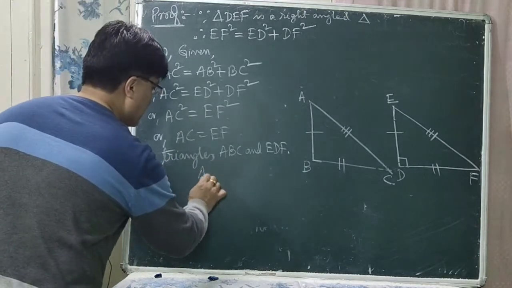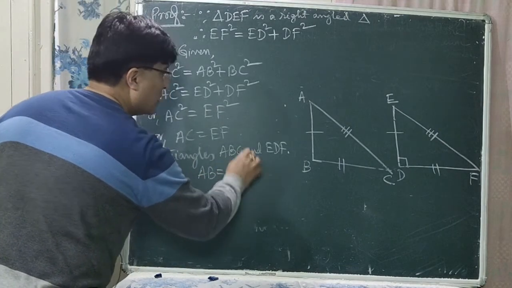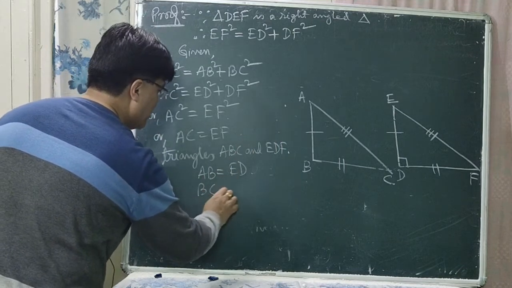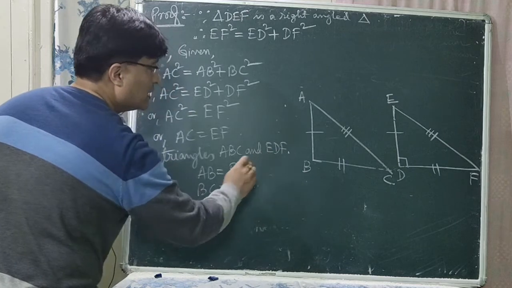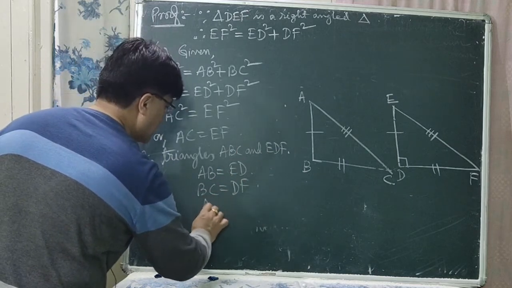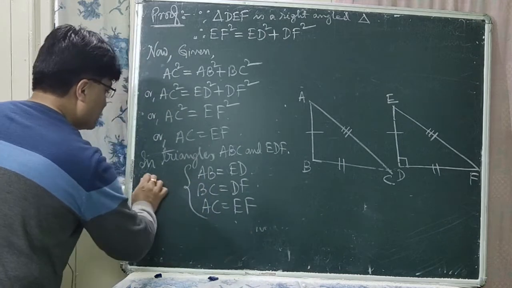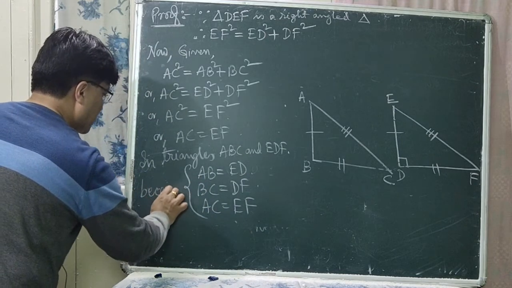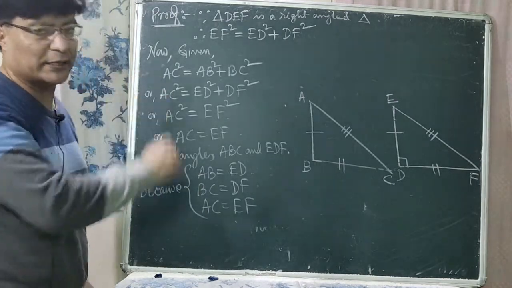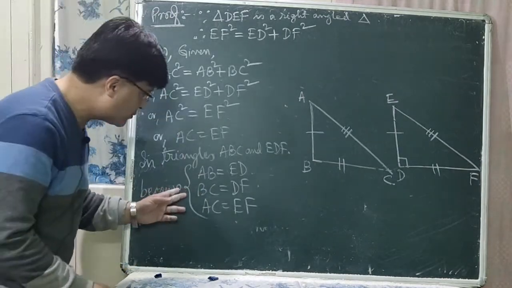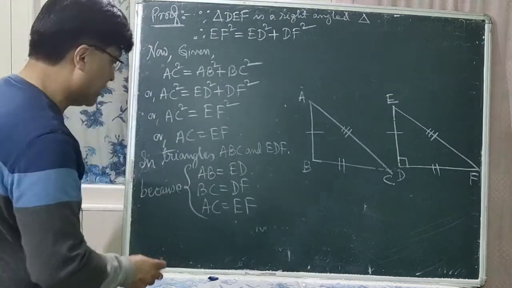So because of these three reasons, that is SSS property, side property, what can you write? These two triangles are congruent.